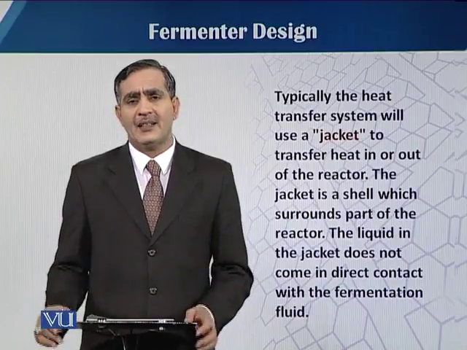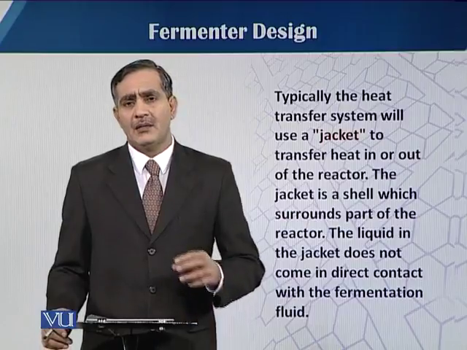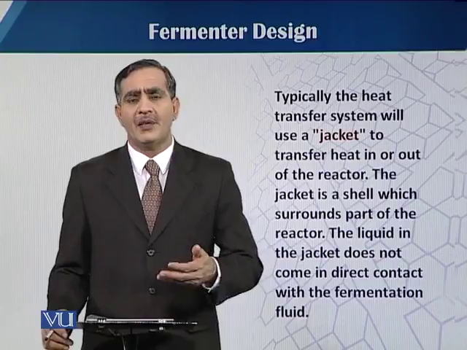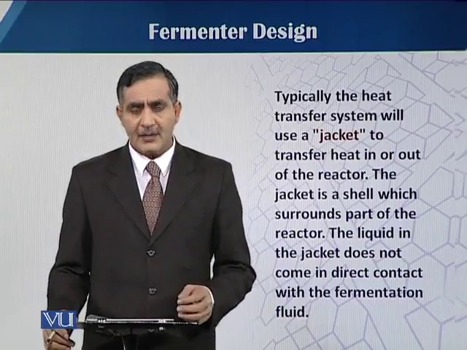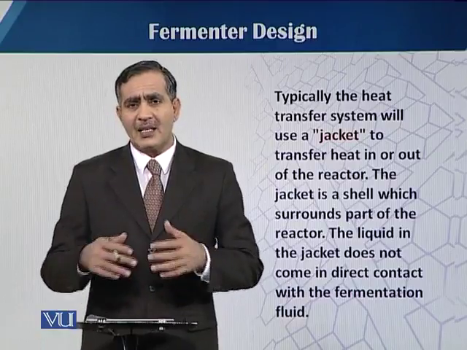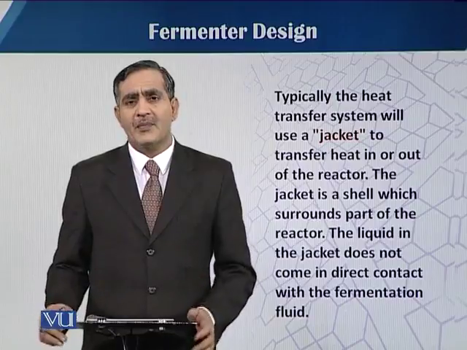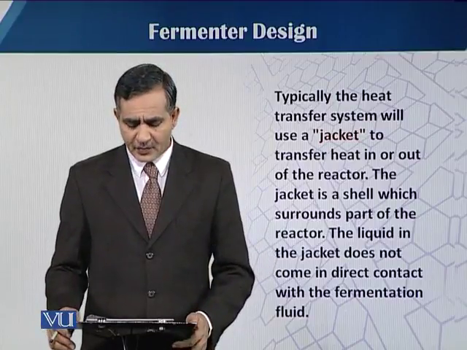But that jacket is linked with hot or chilled water according to the need of the fermentation temperature. So the jacket is just like a blanket or a shell around a fermentation vessel. That is mostly used in small scale fermenters.